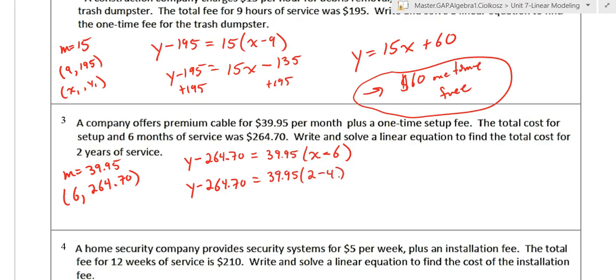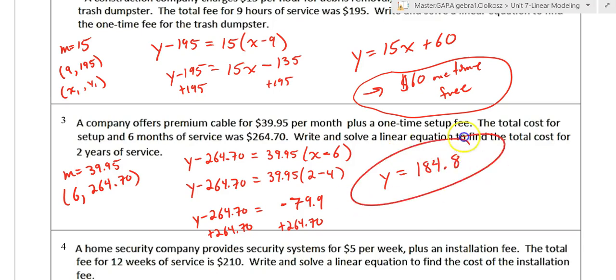So simplifying that right side, we could just type it in the calculator or GeoGebra, just how it looks. So my cost there, 184.8.